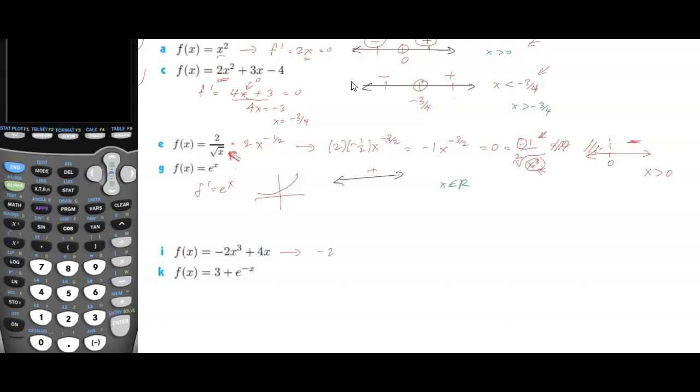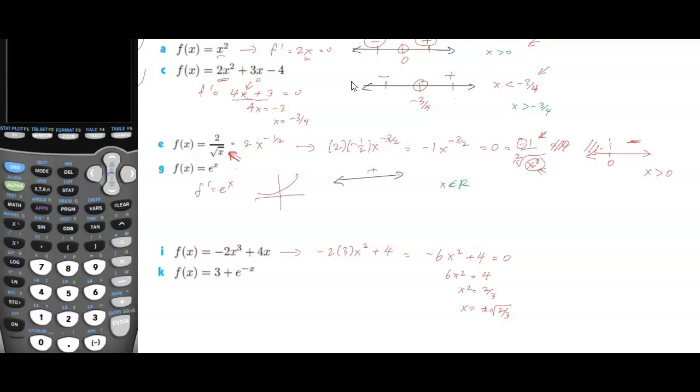So it's going to be negative 2 times 3x squared plus 4. Simplified as negative 6x squared plus 4. When is the derivative equal to 0? It's equal to 0 at 6x squared equals 4. X squared equals 2/3, and x is equal to plus or minus square root of 2/3.